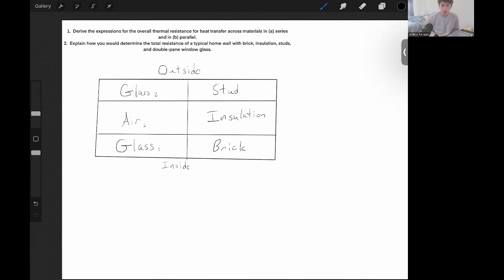So let's think back to how we can find the total resistance of a system. If we know that a system is in series, we know that the heat transfer of the system will be the same going in and out.